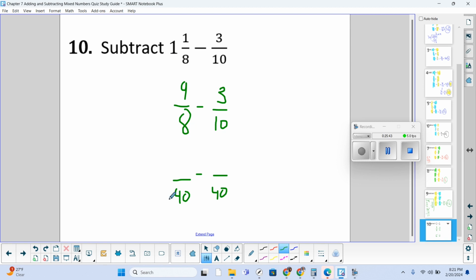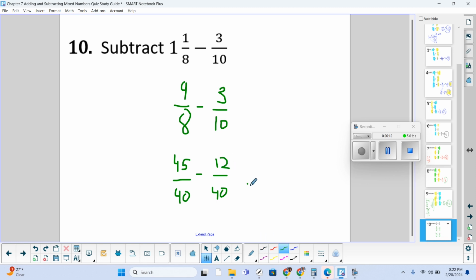So from 8 to 40, I would multiply by 5. So if I multiply the denominator times 5, I have to multiply the numerator times 5 to get an equivalent fraction. So that would be 45 over 40. Here, to get from 10 to 40 as my denominator, I would multiply by 4. So 3 times 4 is 12.